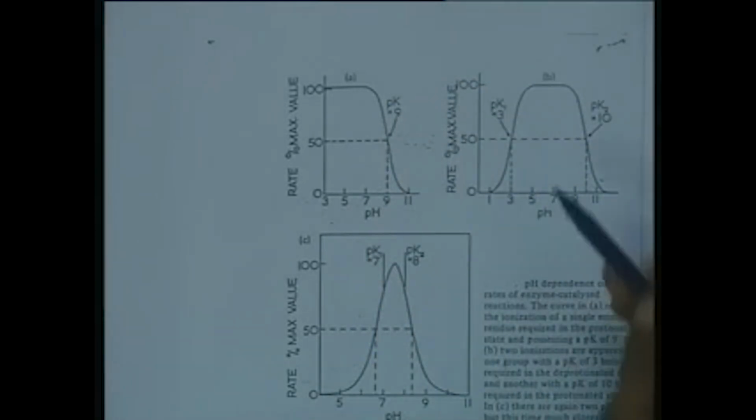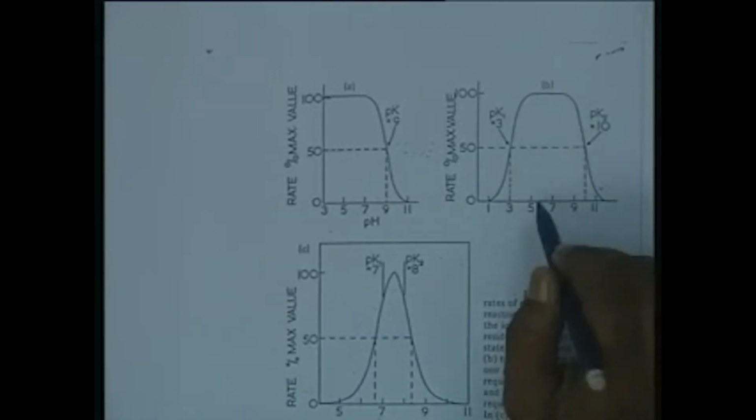Now in the second case you notice that it may be a much broader pH profile, very typically a profile like this, which shows a maximum value over a pH range, of course not a very broad range, but at least 1 or 2 units.